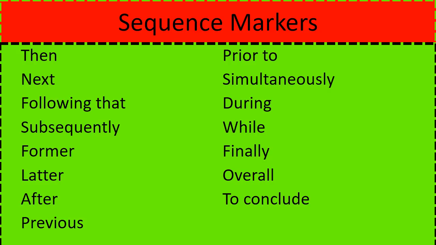Now students, usually when we are writing a paragraph, we need to use sequence markers. For example, most of the time you people write first, and then when you have to describe the second line, you say next or then, you keep on repeating the same word. So here are some sequence markers which will help you to frame a good analytical paragraph. So then, next, these two you usually use.